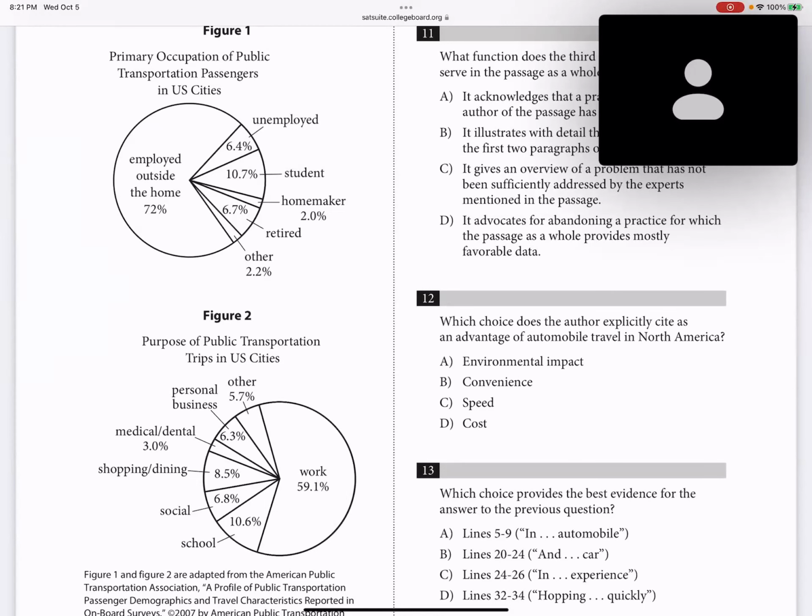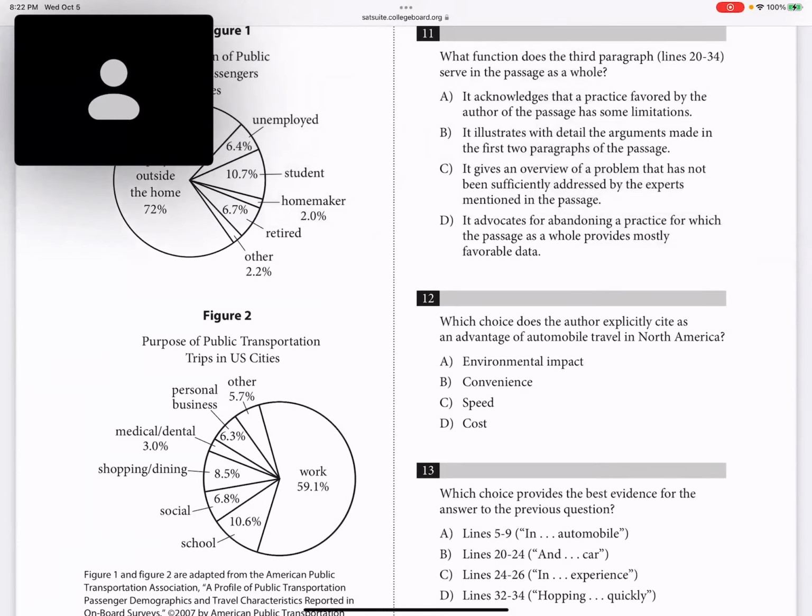Preliminarily, you're not going to do too much with them. You don't really use them until they ask you about a specific part of them. But let's go ahead and jump into these.